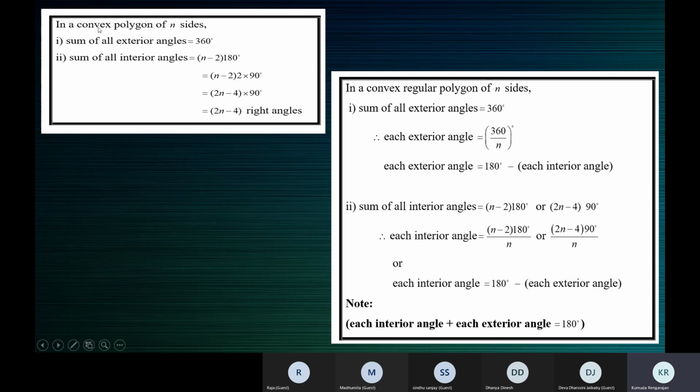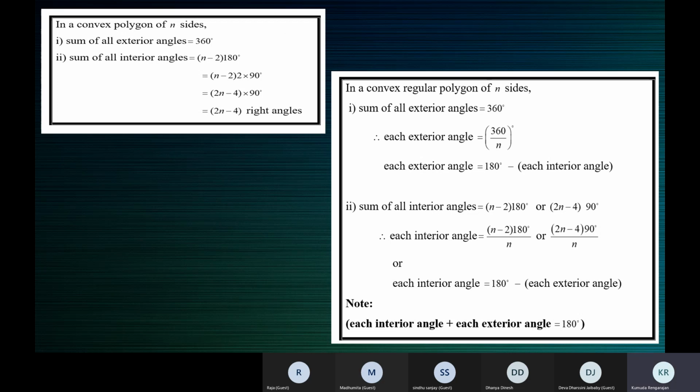So children, in a convex polygon of n sides, whatever be the number of sides of the polygon, the sum of all the exterior angles will be equal to 360 degrees. A polygon with 10 sides will have 10 interior angles and 10 exterior angles.